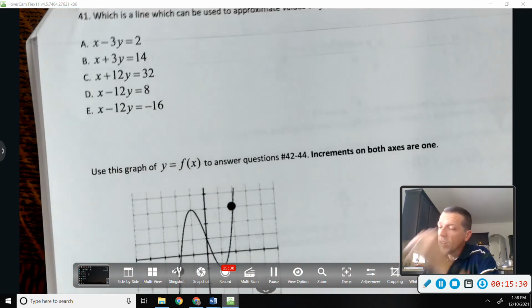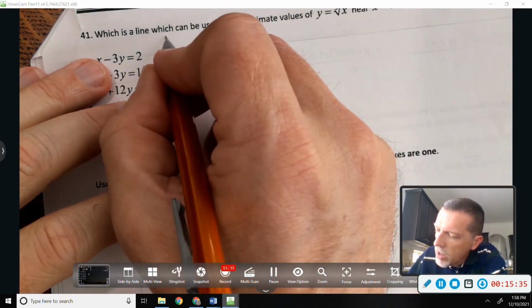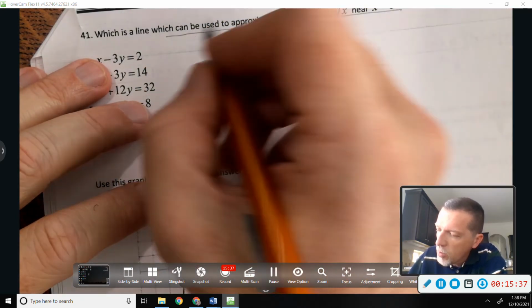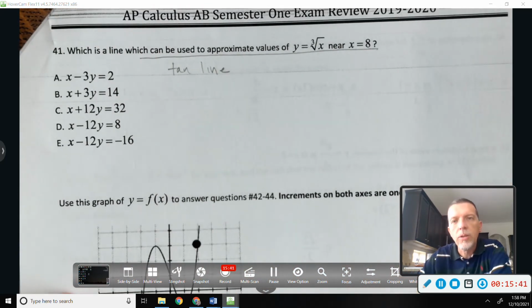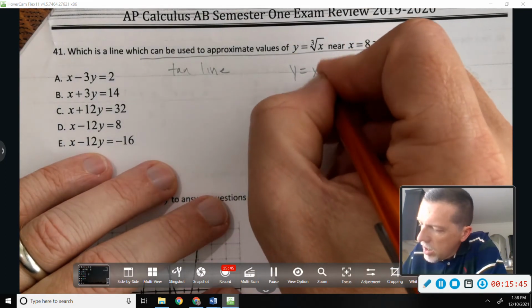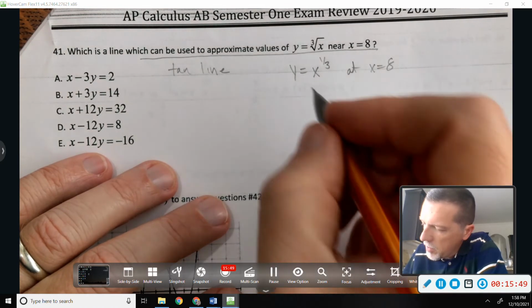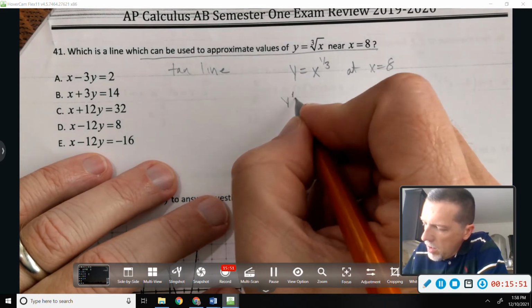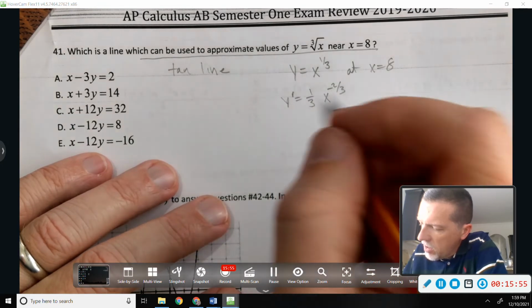41. Which is a line that can be used to approximate values near x equals 8? Ooh, I don't know that we've worded it like this before. But a tangent line could be used to approximate values. So let's find a tangent line to this function near x equals 8. So y prime is 1/3 x to the negative 2/3.